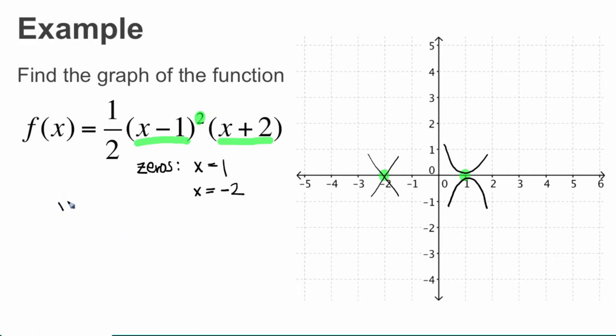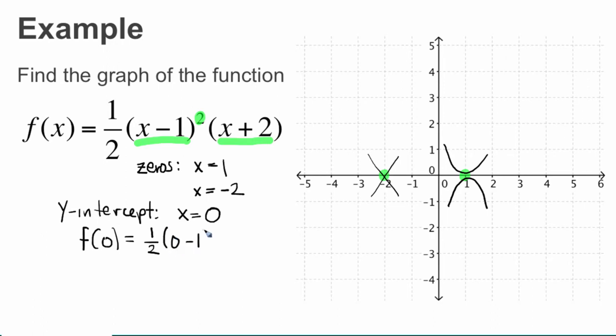Remember, our y-intercept is when x equals 0. Let's just plug it in and see. So f of 0 equals 1/2 times (0 minus 1) squared times (0 plus 2).